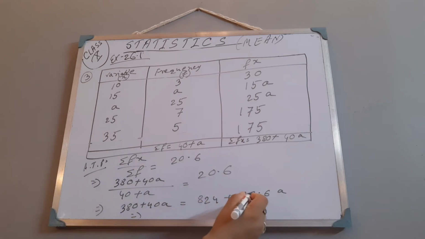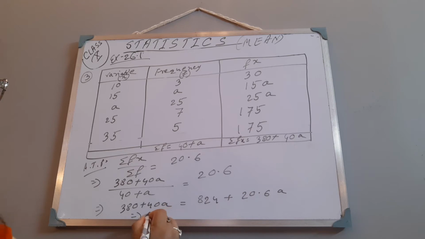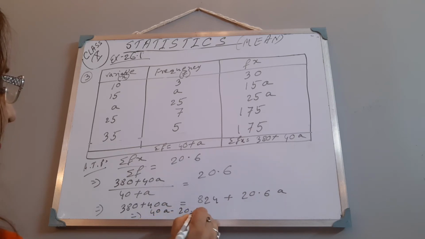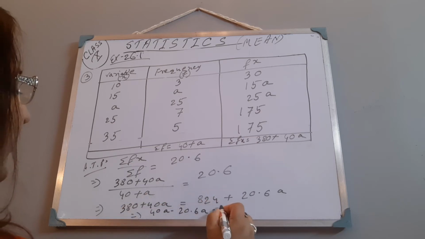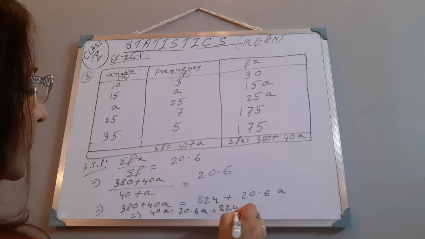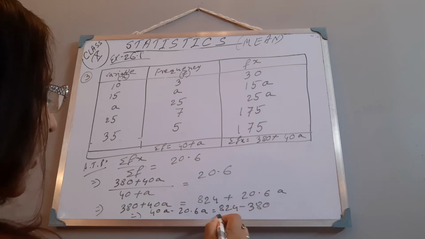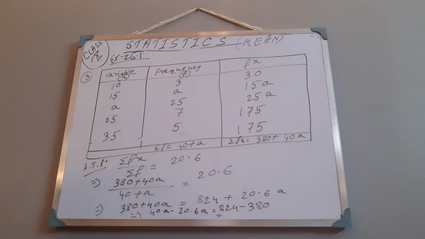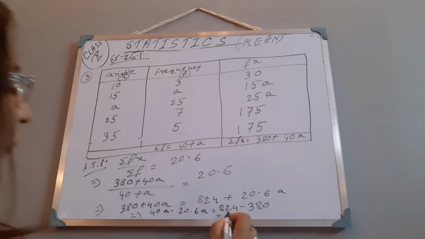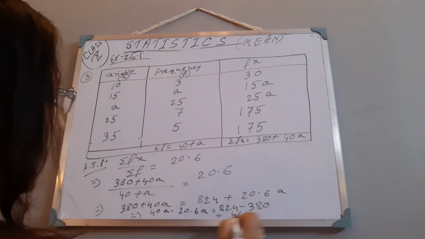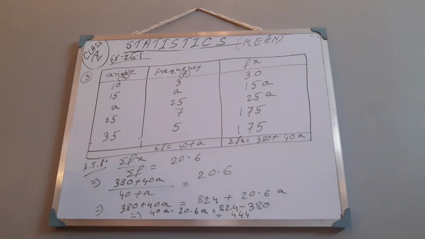Therefore, 40a minus 20.6a, and 824 minus 380. 824 minus 380 gives us 444, and 40a minus 20.6a, it's coming 19.4.